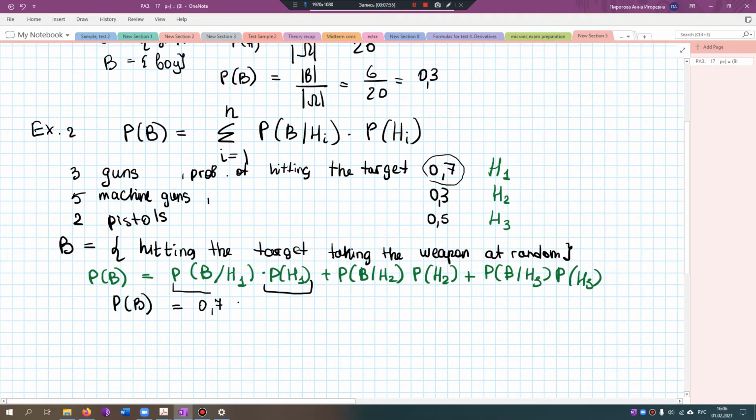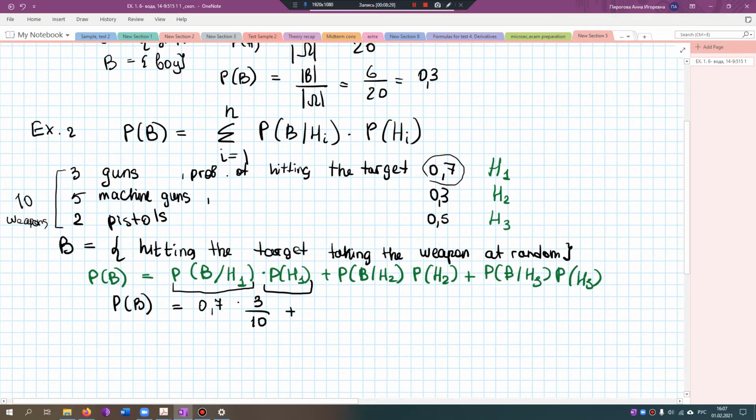Speaking about the probability of H1, here we need to look at how many guns we have. We have 3 guns. In total, we have 3 plus 5 plus 2, so 10 different weapons. Among them we have 3 guns, so we take 3 and divide it by 10.